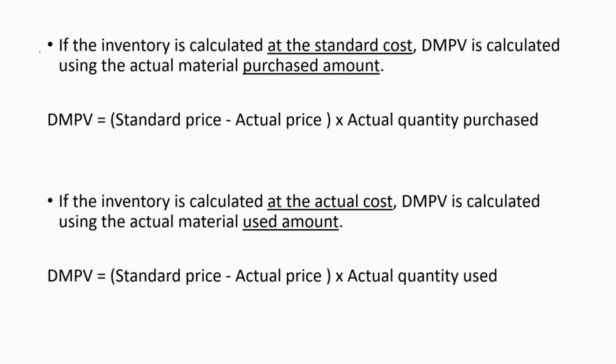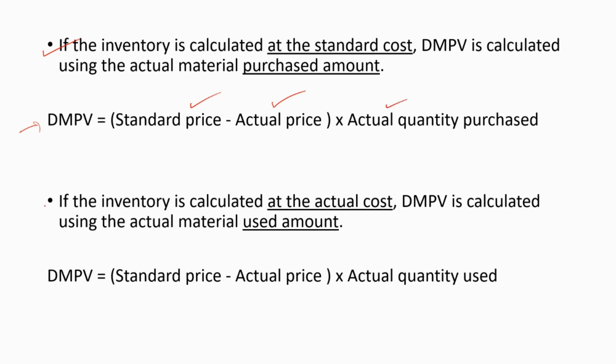Under direct material price variance, there are two instances. If the inventory is calculated at the standard cost, direct material price variance is calculated using the actual material purchased amount. This is what we just did earlier. Direct material price variance is equal to the difference between the standard price and the actual price multiplied by the actual quantity purchased.